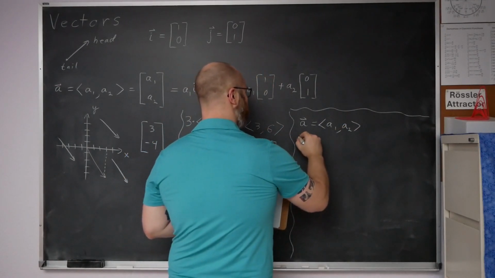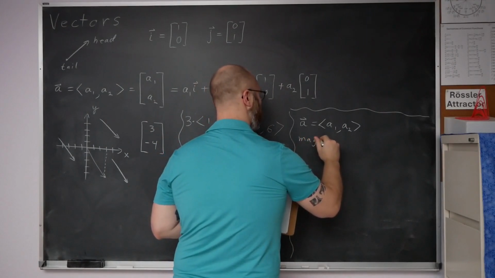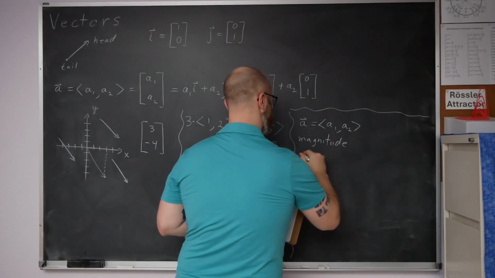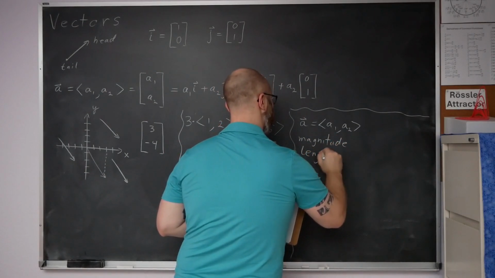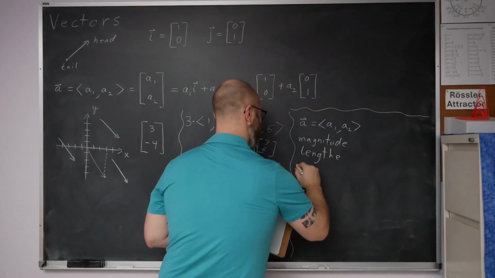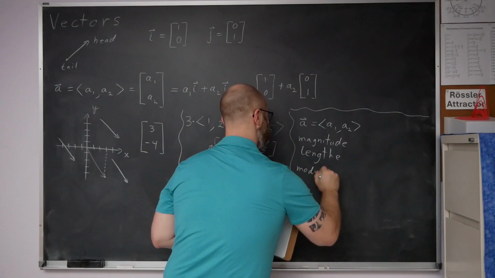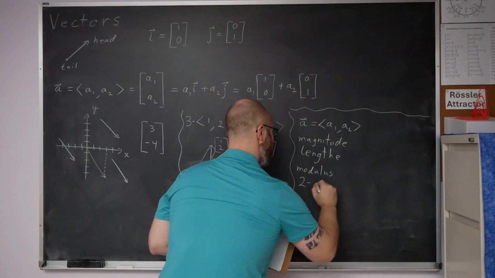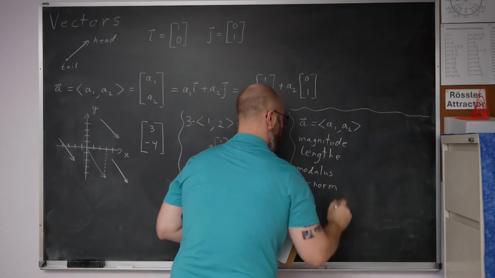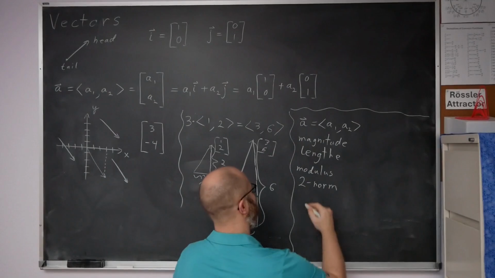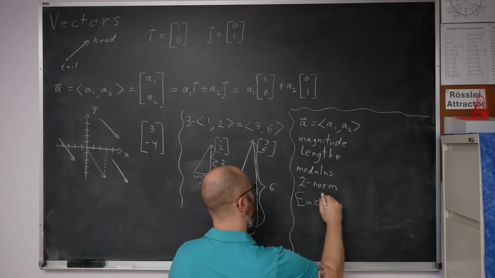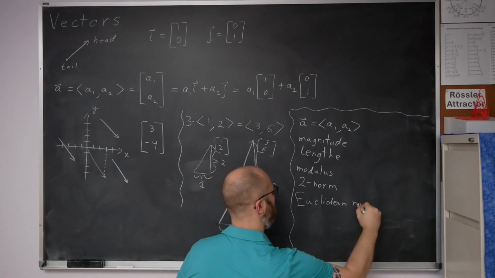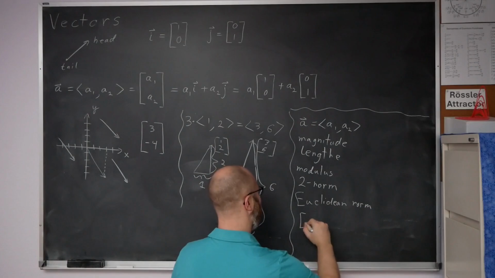I'm going to call the magnitude, the length, the modulus, has a bunch of different names, the 2 norm, Euclidean norm, Euclidean length.